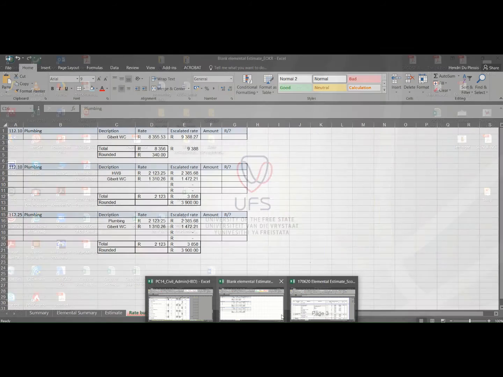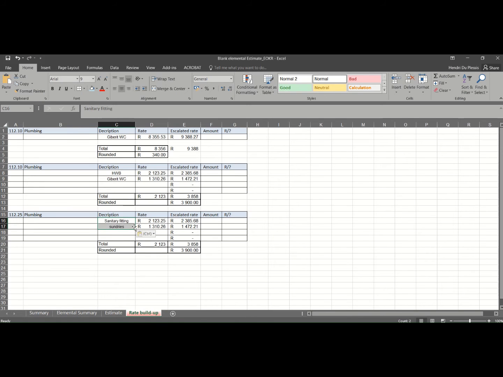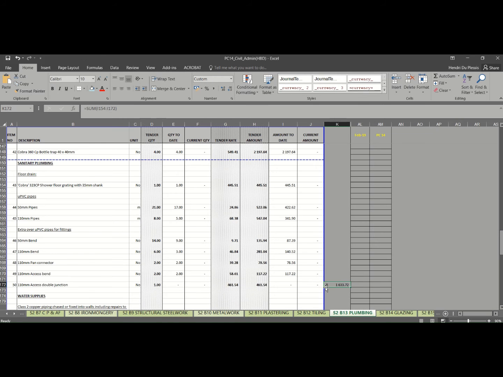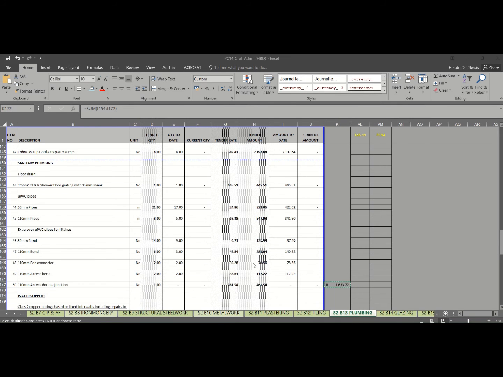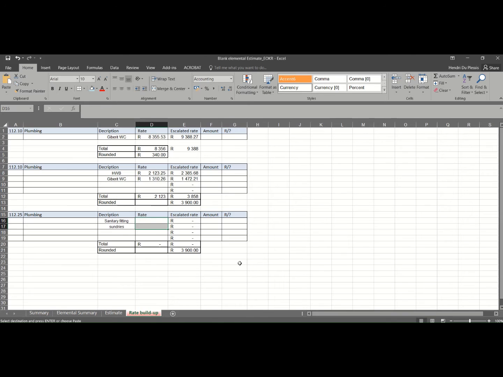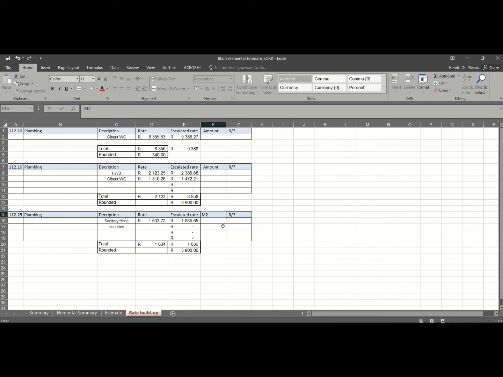Okay, sanitary sundries. Okay, and so then you take that amount over to your, here we go, to here, and then what you can do is here you've got your historical building square meter.